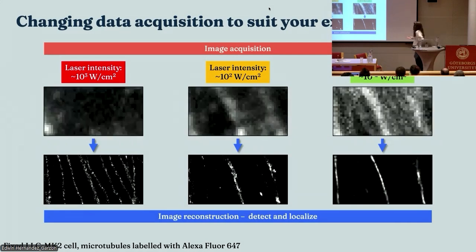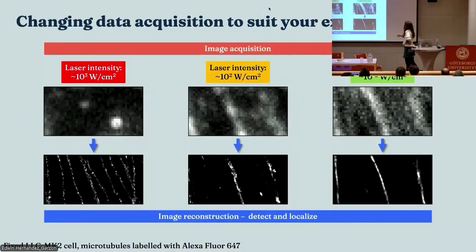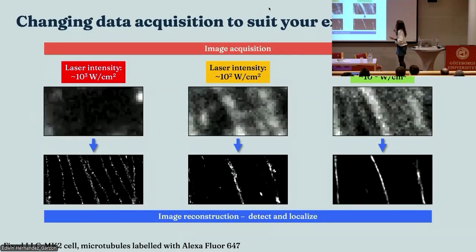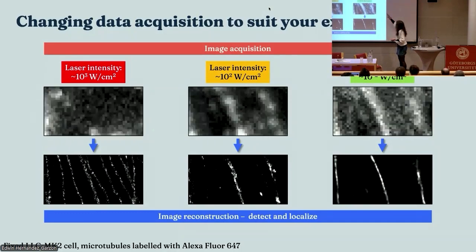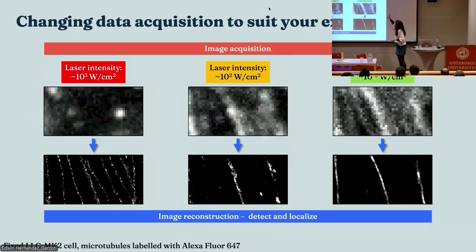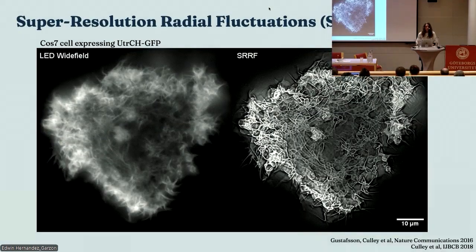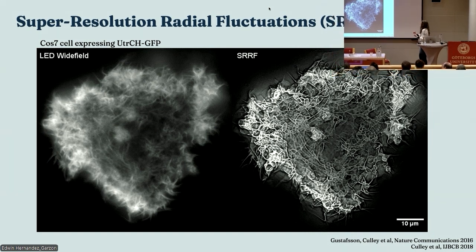So again, one of the things that I did in kind of my previous life, kind of postdoc, not kind of, yeah, I don't think I've been reincarnated yet, is trying to develop an algorithm that worked with these data sets. And this algorithm was called SURF, Super Resolution Radial Fluctuations. And the idea was that you didn't need special blinking fluorophores, you didn't need a special microscope.